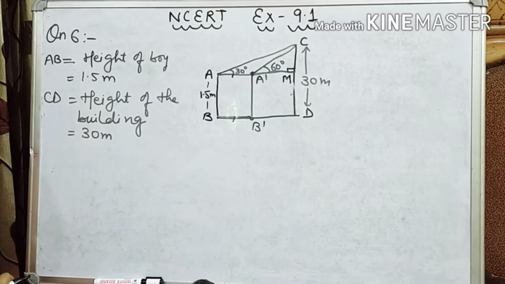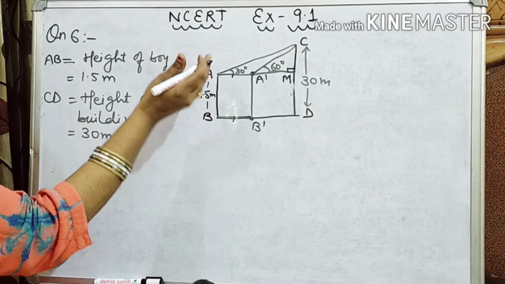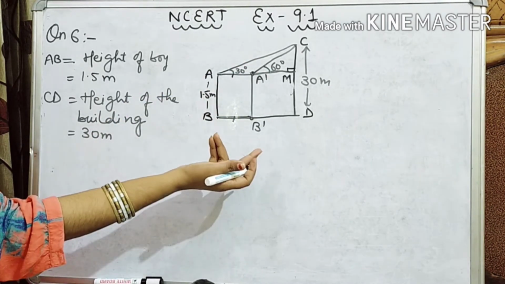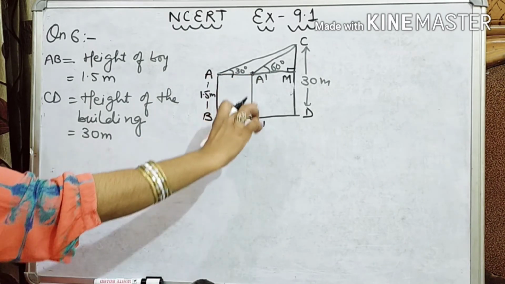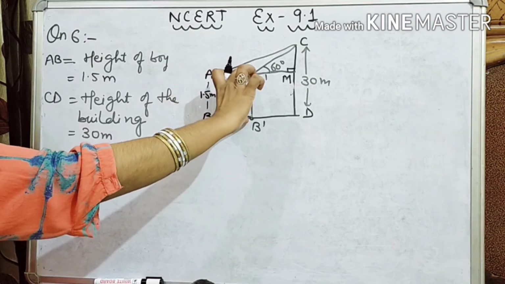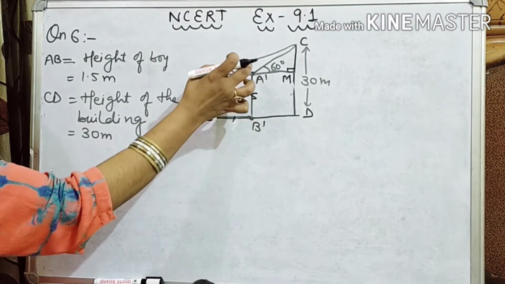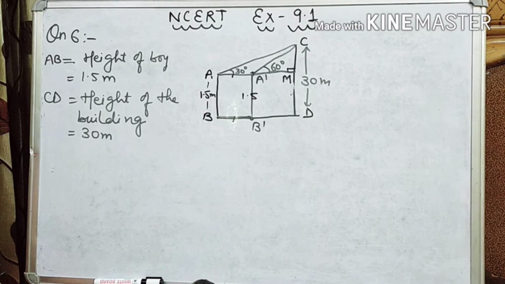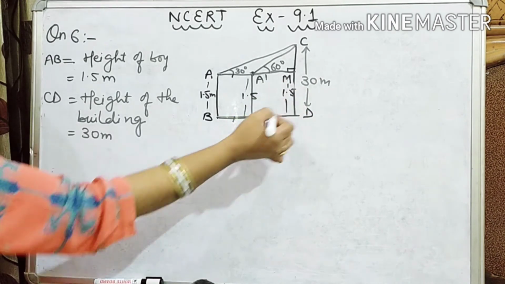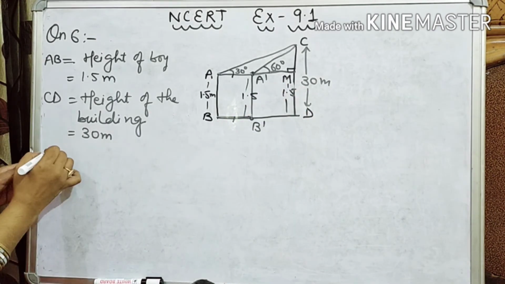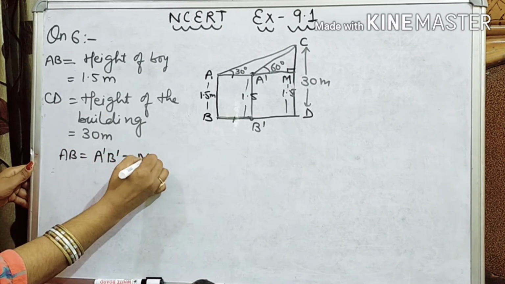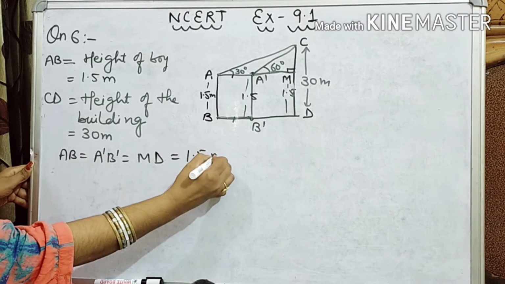Also, because this is a parallelogram, these two horizontals are always parallel, and the heights should also be parallel. 1.5 is the height of the boy, and AA dash should be equal to BB dash. So we have AB equal to A dash B dash equal to MD equal to 1.5 meter.